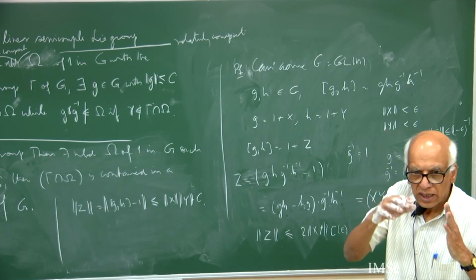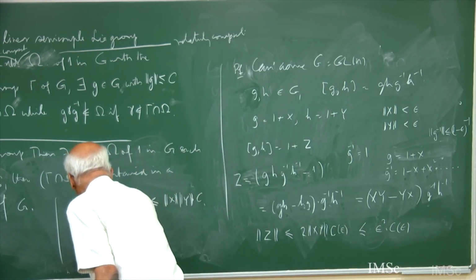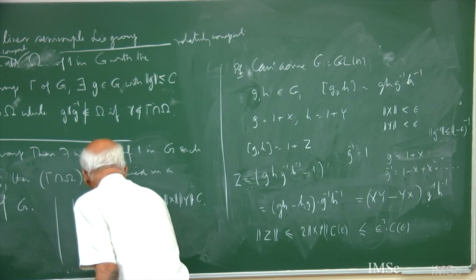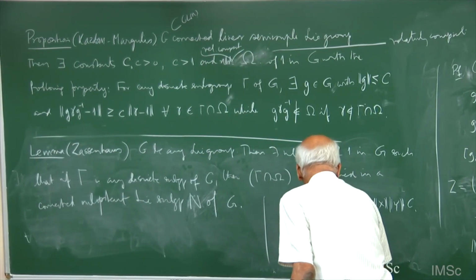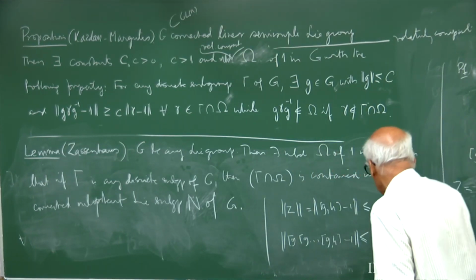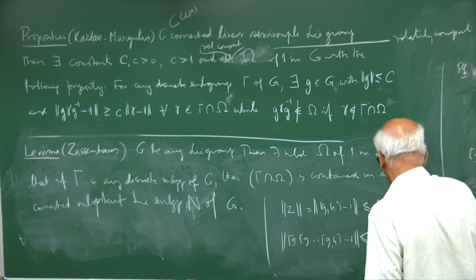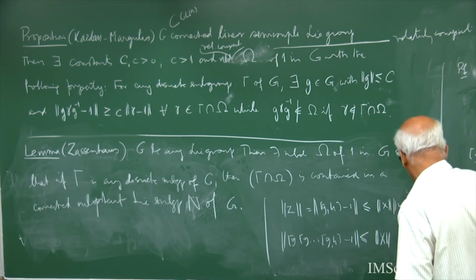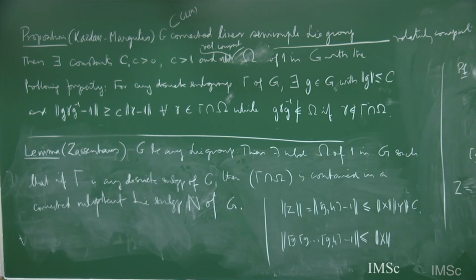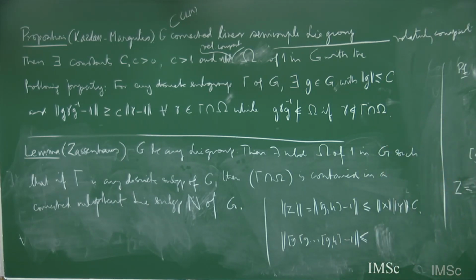If I take the repeated commutator, the norm is less than or equal to norm X. This is under the assumption that norm of X is less than epsilon.